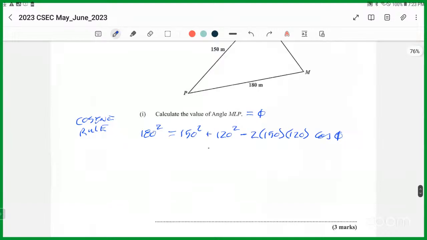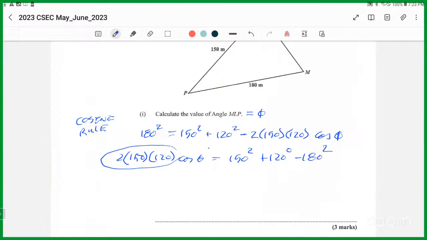We're gonna have 2 times 150 times 120 times cos theta equals all of this, 150 squared plus 120 squared, take this and subtract it over here, minus 180 squared. And all of this product now divides under here: 2 times 150 times 120. All of that equals that.